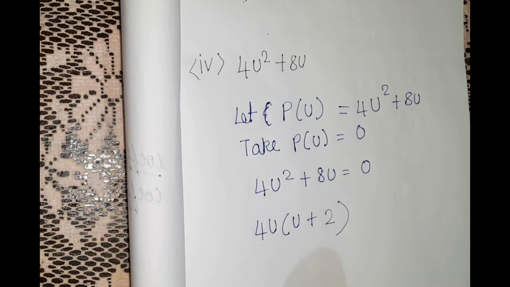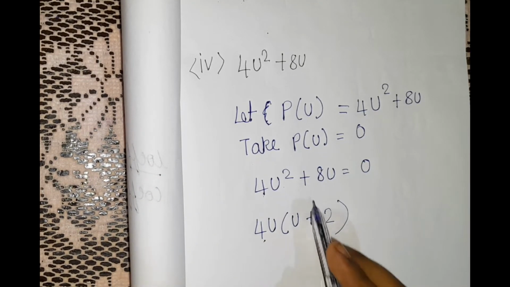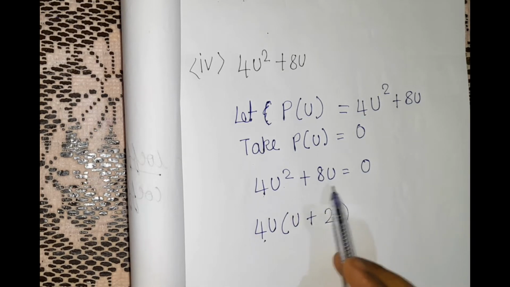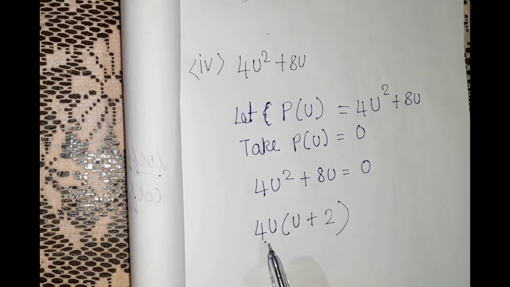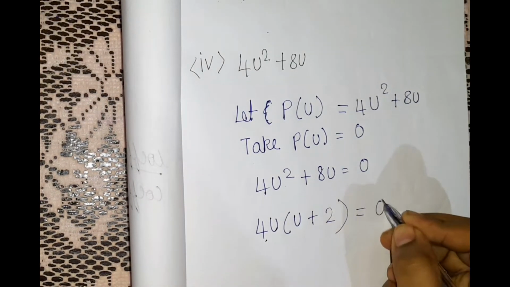Here you can see we have 4u bracket u plus 2. How? Because 4u into u is 4u square, then plus as it is, and 4u into 2 is 8u. 4 twos are 8, and we took the u as it is. Now let us write is equal to 0.